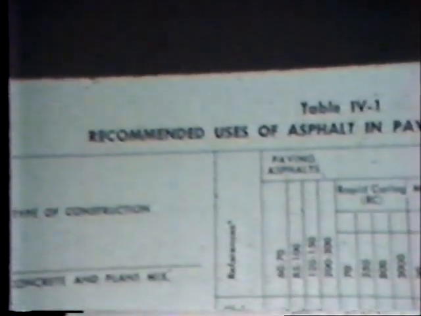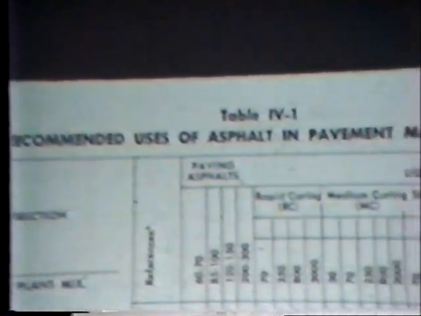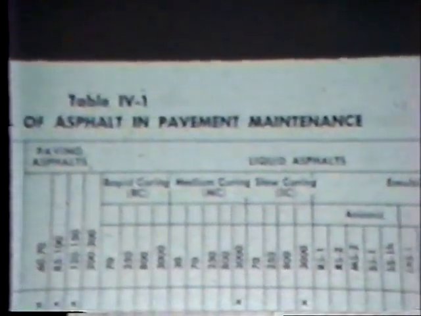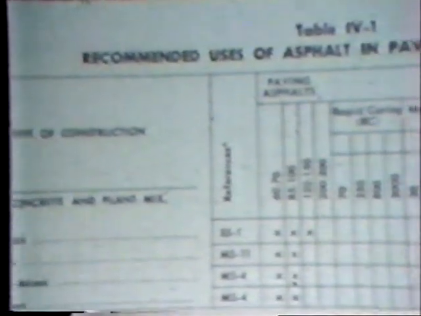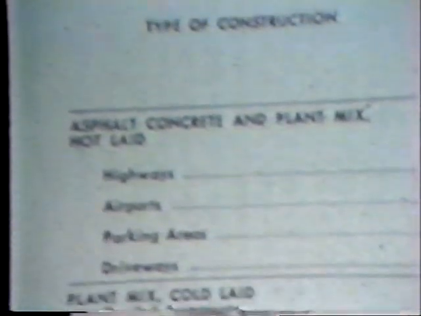You couldn't even appreciate what's on it by looking at this slide. It's much too busy. But essentially what it does also for you is identifies all the asphalts that I introduced you to today. It identifies all of the methods that you use here in Vermont for maintenance, and it tells you what type and grade of asphalt I generally recommended for that practice.